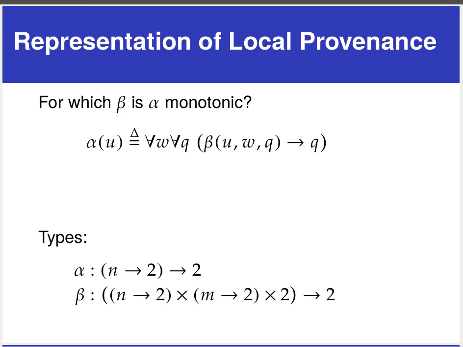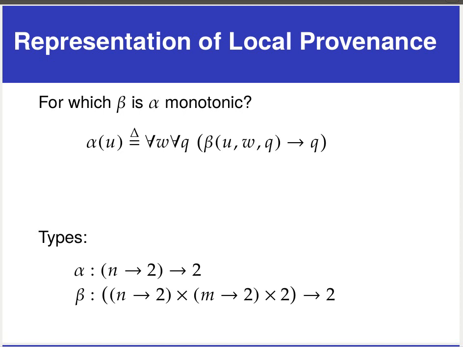On this slide, alpha is what I called so far a local provenance at a particular abstraction, and beta is this set of constraints that we actually get back. The equation that you see on the slide is how these two are related.